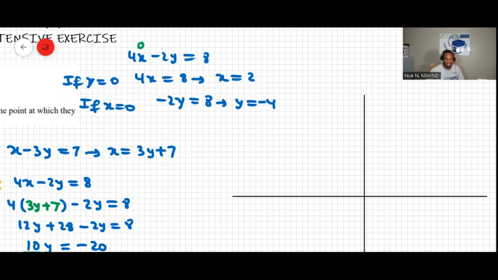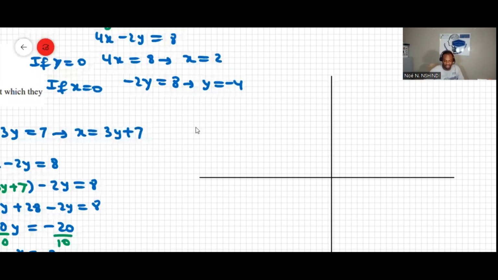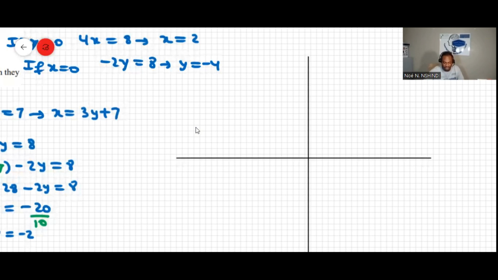Now we can find the points over here in the Cartesian plane. So I count here 1, 2, and then negative 4 is there, and then 2 is there. So the point of intersection will be there.